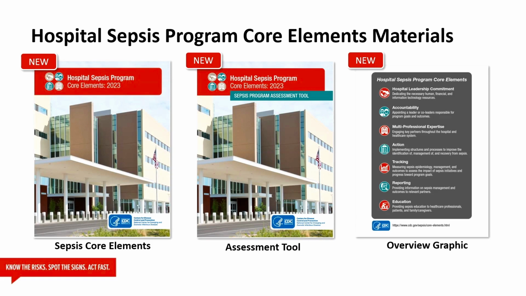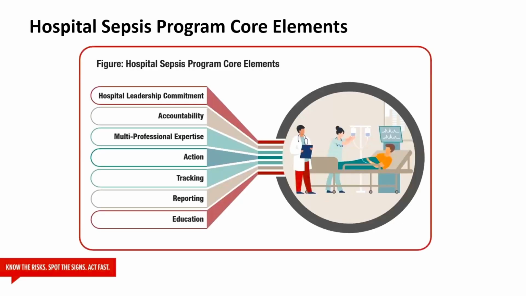It allows hospitals to go through and evaluate the current state to identify areas for focus in terms of building or further strengthening the hospital sepsis program. And then there are also infographics to provide a high-level summary of the 7 core elements. So I'll now walk through the 7 core elements.